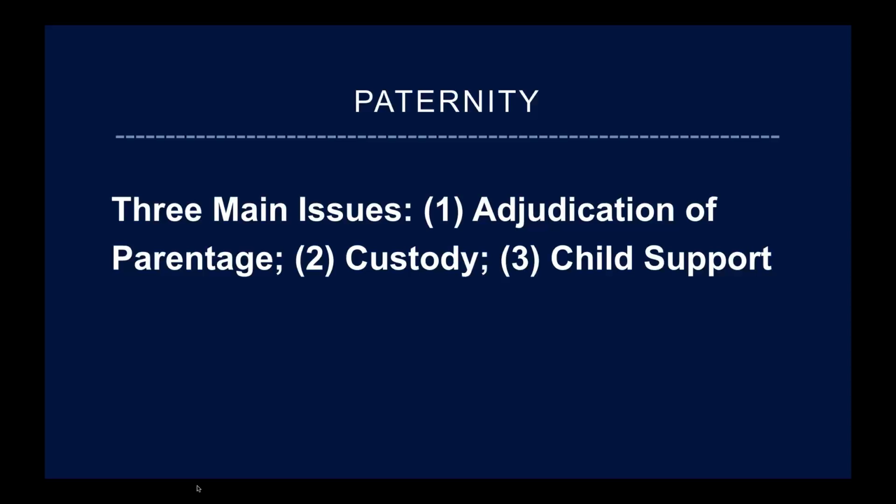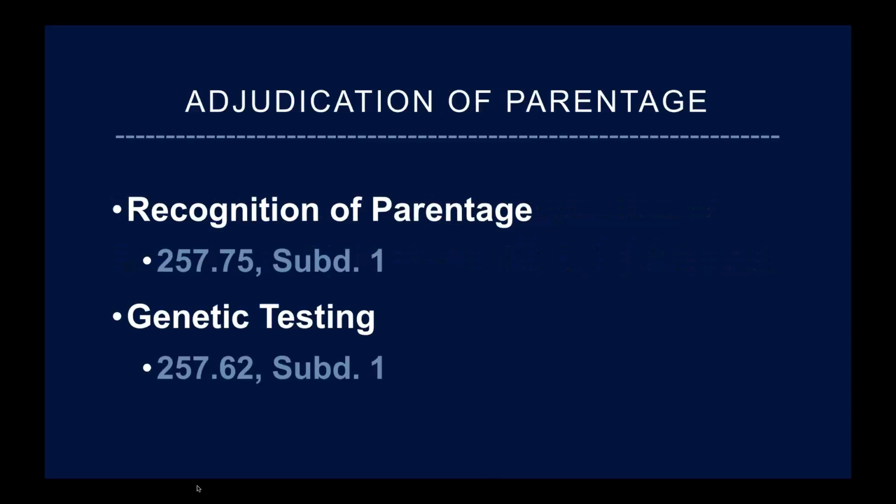So the custody and child support pieces mirror what happens in family court divorce cases, so I don't need to really hit on those again. But it's safe to say that the adjudication of parentage can take place in one of two ways.